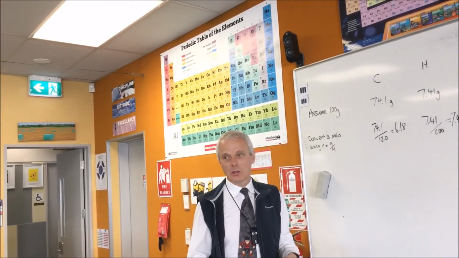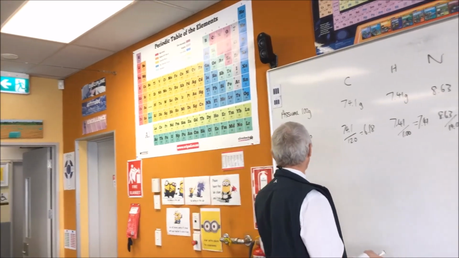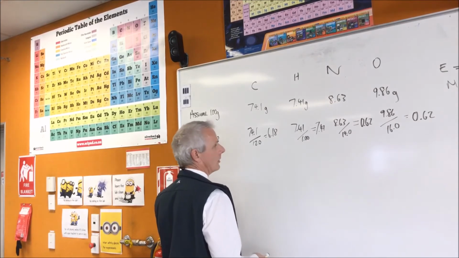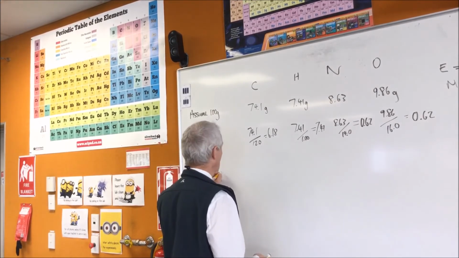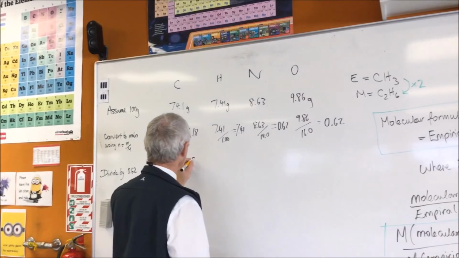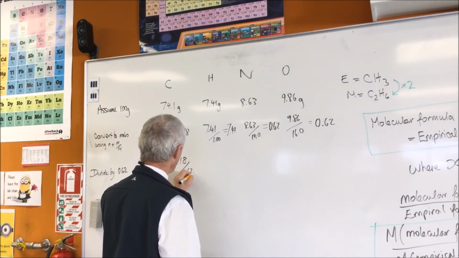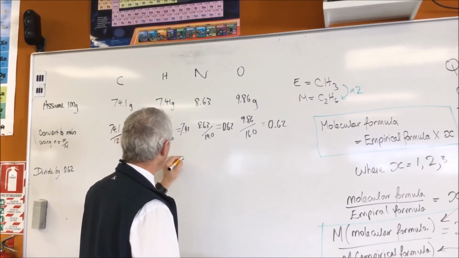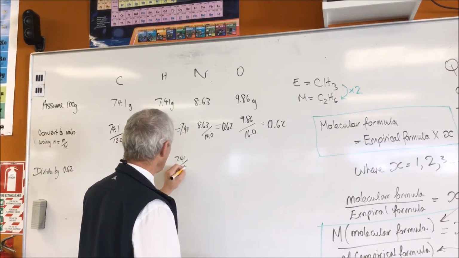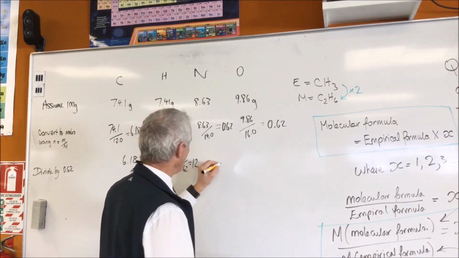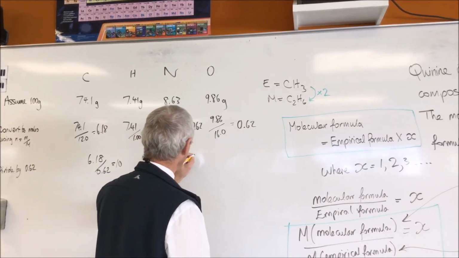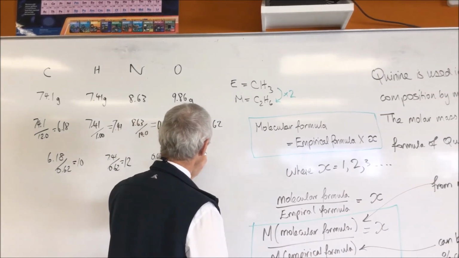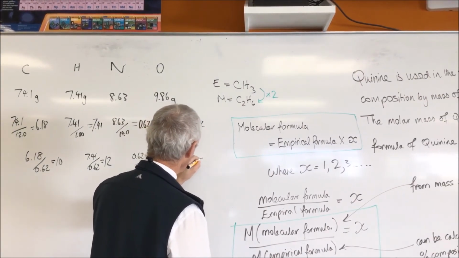So what do we do? Divide by the smallest number, which is 0.62. So we've got 6.18 divided by 0.62, which is equal to 10 approximately. 7.41 divided by 0.62 is 12, 0.62 divided by 0.62 is 1, and 0.62 divided by 0.62 is 1.